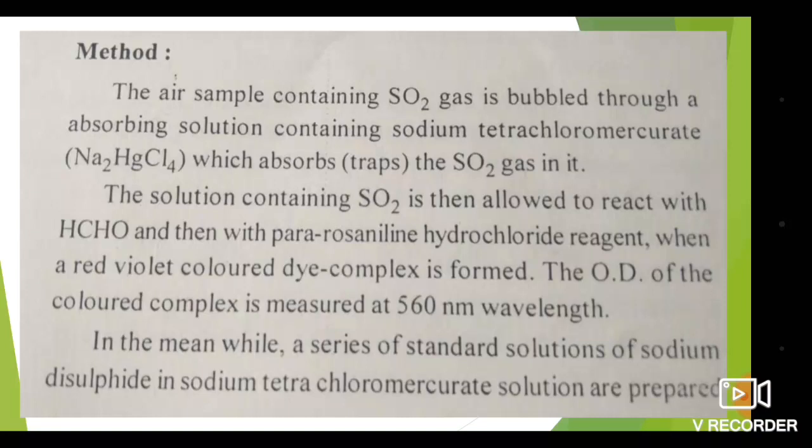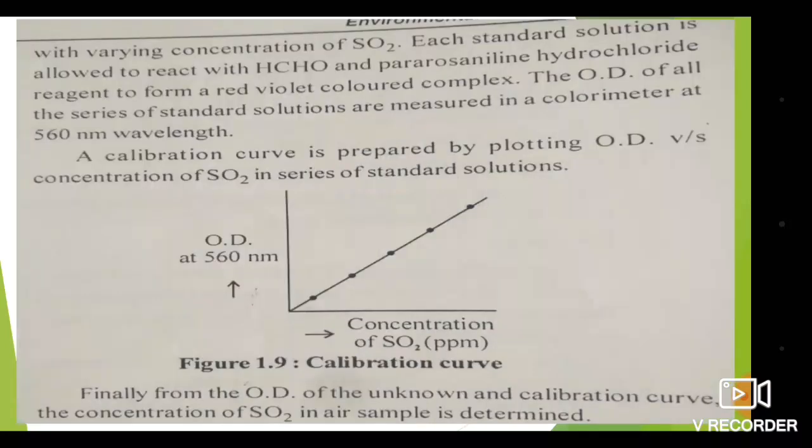What is the procedure? In the meanwhile, while performing this absorption of SO2, bubbling of SO2 and reacting of SO2 with formaldehyde and para-rosaniline hydrochloride reagent, we simultaneously prepare the series of standard solutions of sodium bisulfite in sodium tetrachloromercurate solution, with varying concentration of SO2.